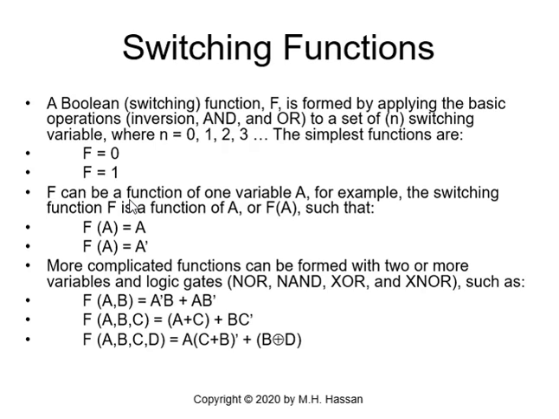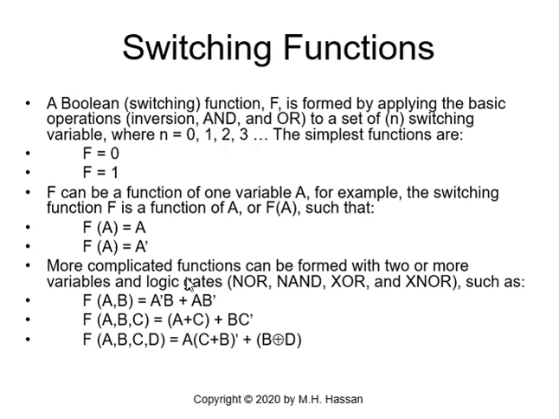F can be a function of one variable A. For instance, F as a function of A will be A, and F as a function of A will be A prime or A complement. So this, we call it a buffer, and this, we call it an inverter.